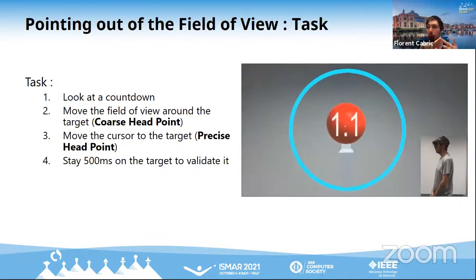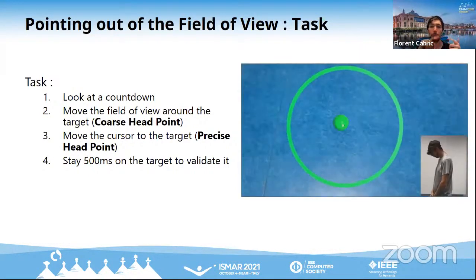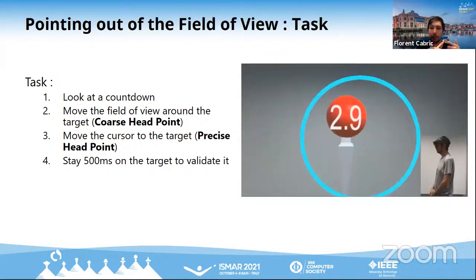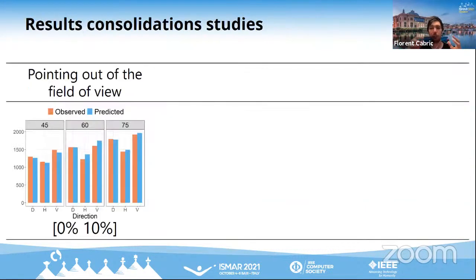The task is: 1, react to the start, 2, bring the field of view around the target, 3, move the cursor to the target, and 4, stay 500 milliseconds to validate it. For this task, the differences between the predicted and the mean observed time range from 0% to 10%. So this task validates our model.